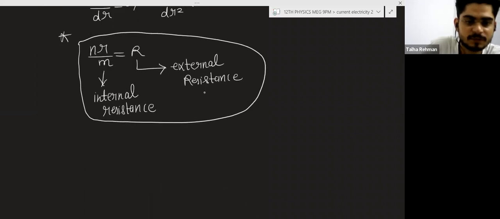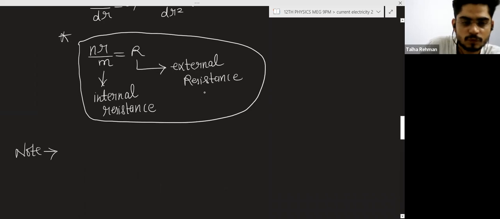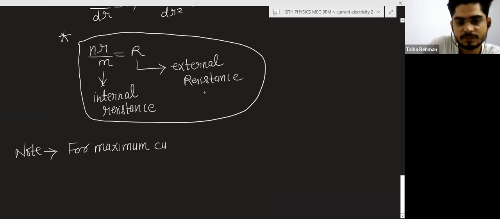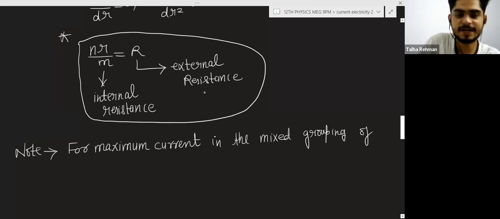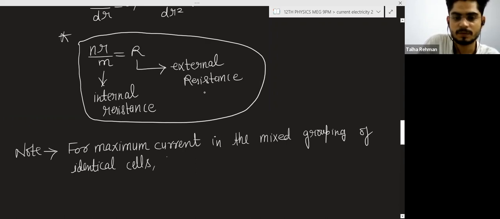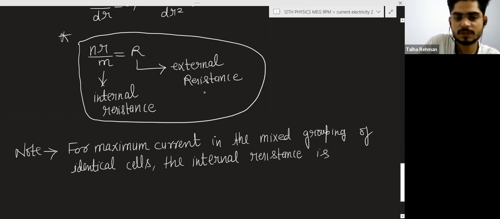So you can write here: for maximum current in the mixed grouping of identical cells, the internal resistance is comparable to the external resistance.